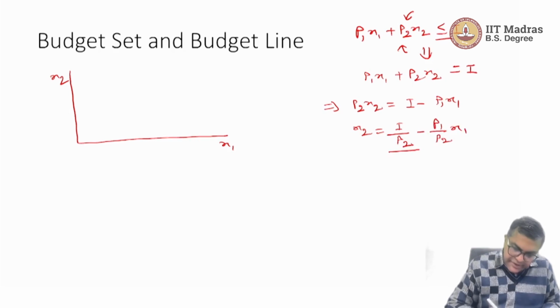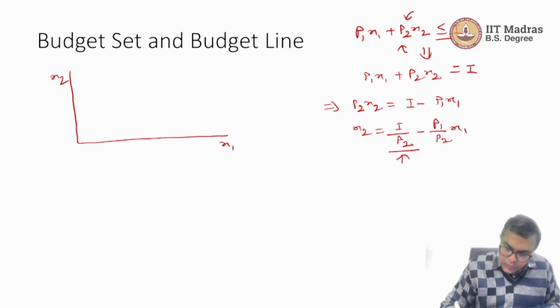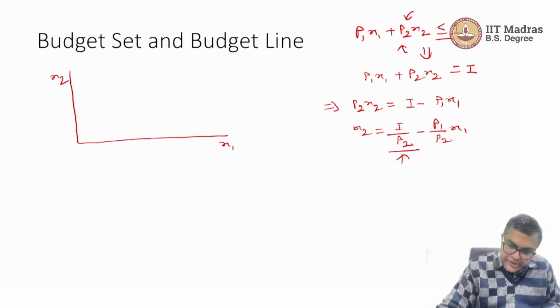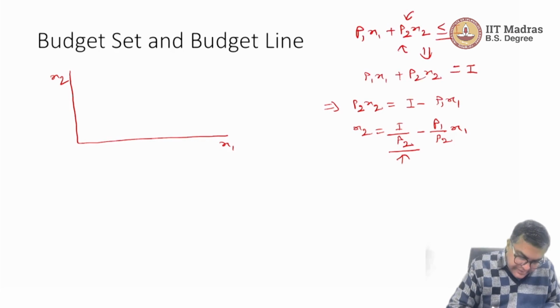So this is our vertical intercept. If you remember your coordinate geometry, you should be able to identify that this is the equation of a line. This is 0 and this is I by P2.